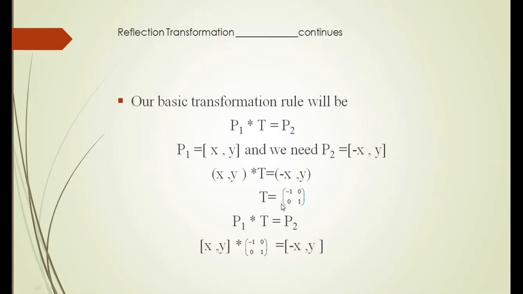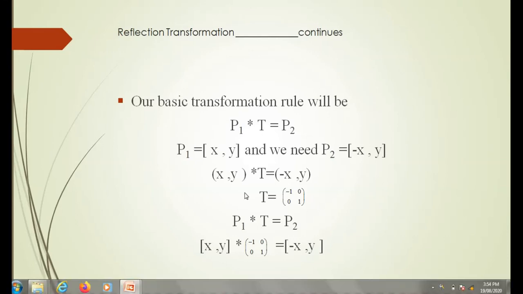The T matrix will be [-1, 0; 0, 1]. So the x coordinate is changed, that is negative, and the y coordinate remains as it is. Here the formula is P1 into T is equal to P2: the original coordinate (x, y) times the T matrix [-1, 0; 0, 1] gives the desired result (-x, y).